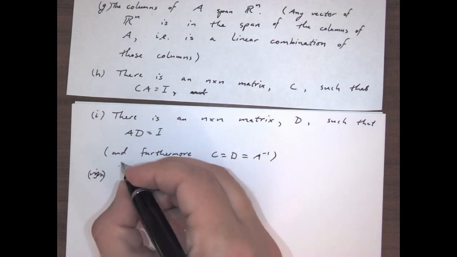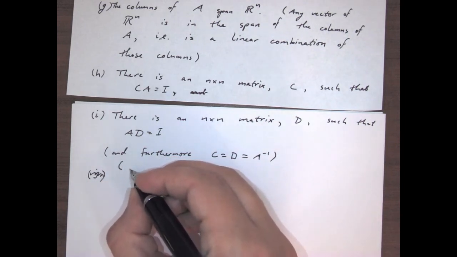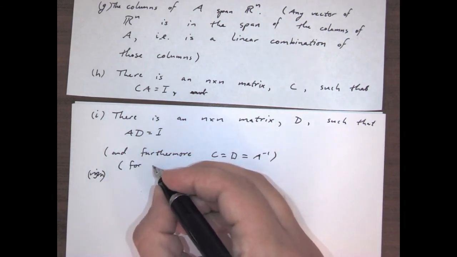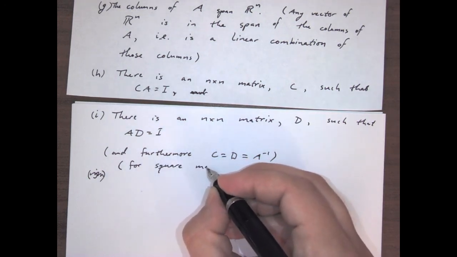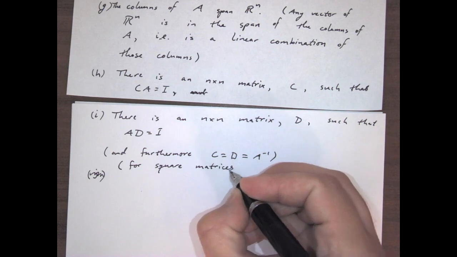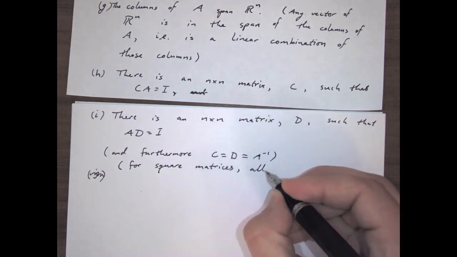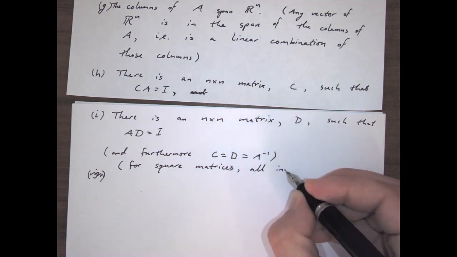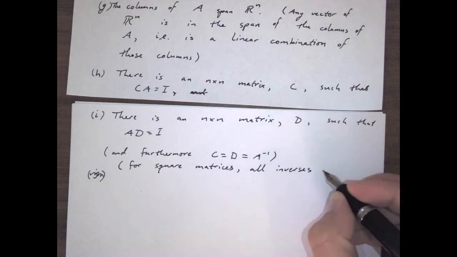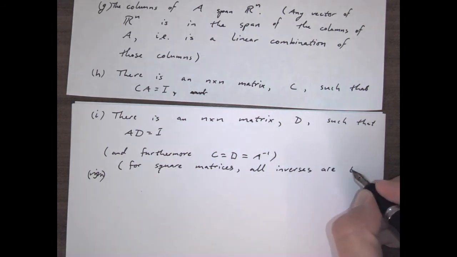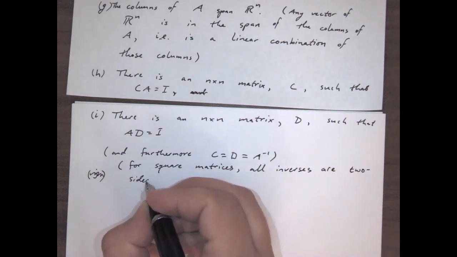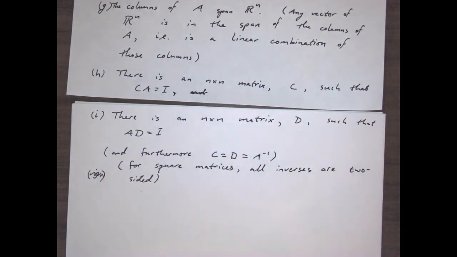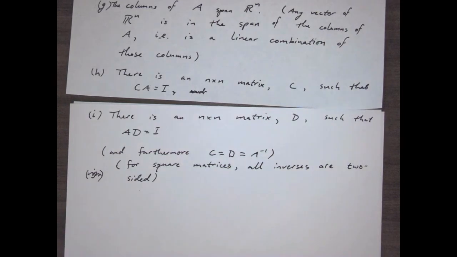So I should just say that as well. So for square matrices, all inverses are two-sided. So that's what this is really saying.